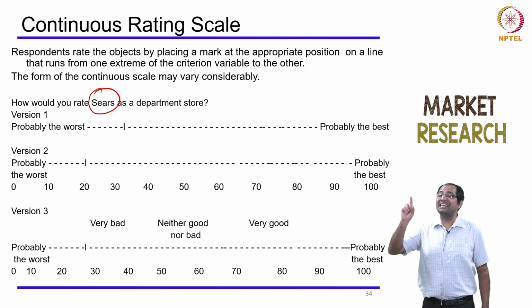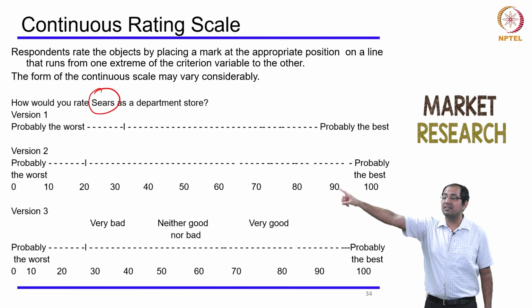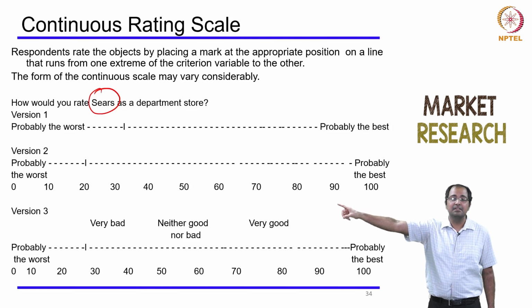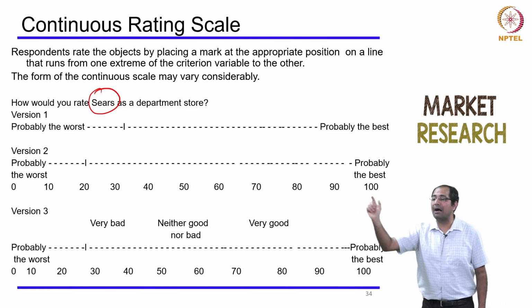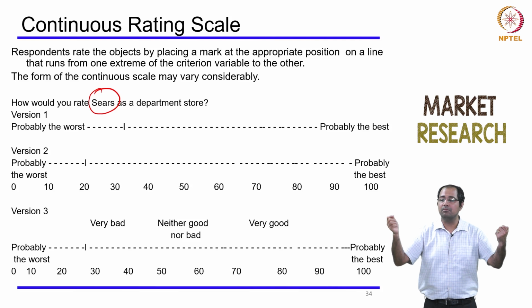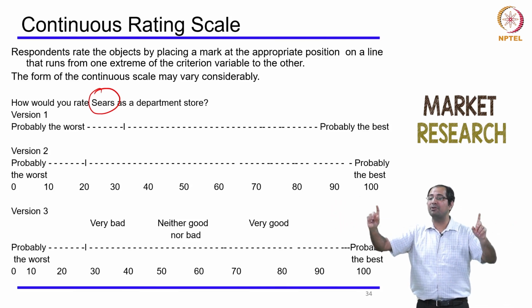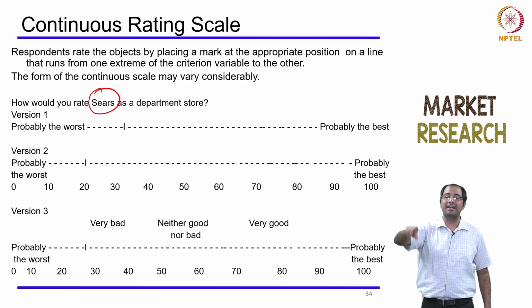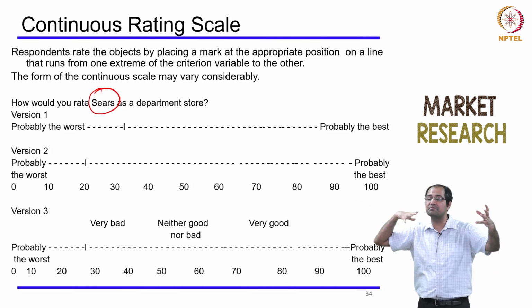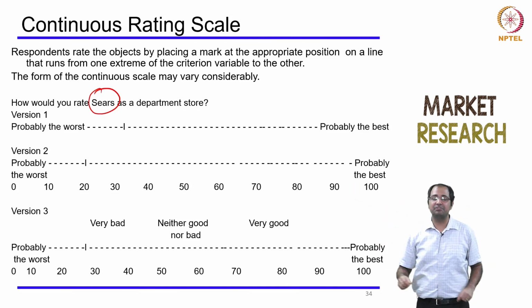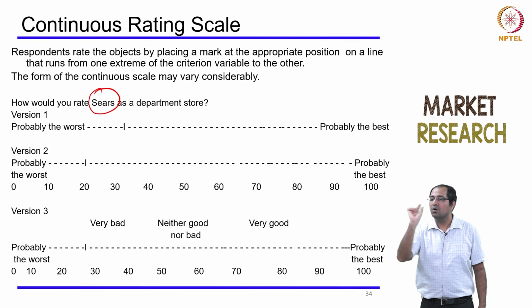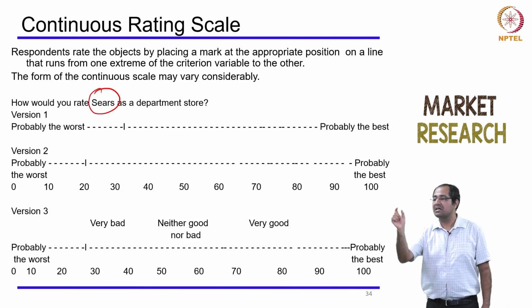I am not saying compare Ambika with any other, with Nilgiris. I am saying how would you rate Ambika as a department store, on a continuum from 1 to 100. Now I am not telling you to compare Ambika with Nilgiris and say which you like more. What I am saying is, one at a time, one object at a time.